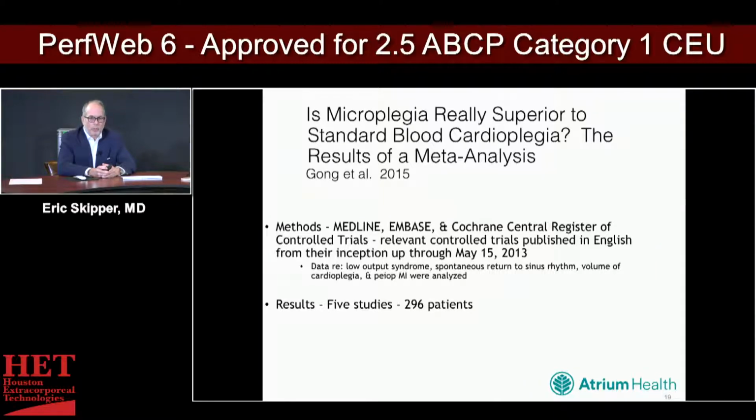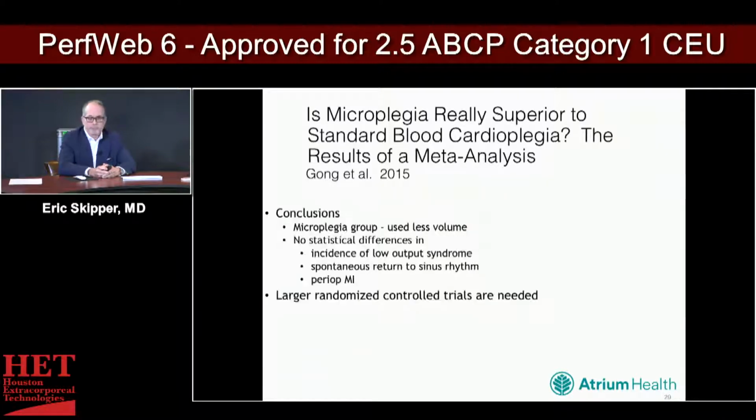The data was looked at with regard to low output syndrome, spontaneous return of sinus rhythm, volume of cardioplegia given, and perioperative MI. As one might assume, microplegia used less volume. But with regard to the incidence of low output syndrome, spontaneous return to sinus rhythm, and peri-op MI, there was no difference. Larger randomized control trials were felt to be needed.